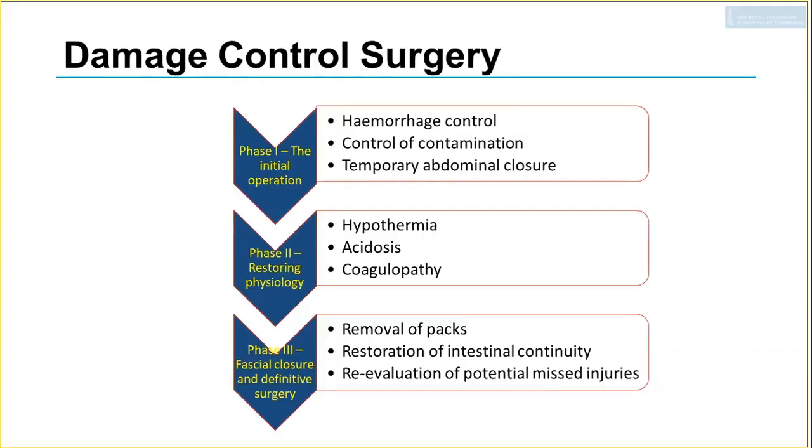Okay, first stage of the operation is very, very quick. The initial operation consists of three things. Okay, you control the bleeding, you control the contamination, and you close the abdomen. The end. No more. So it's very quick.